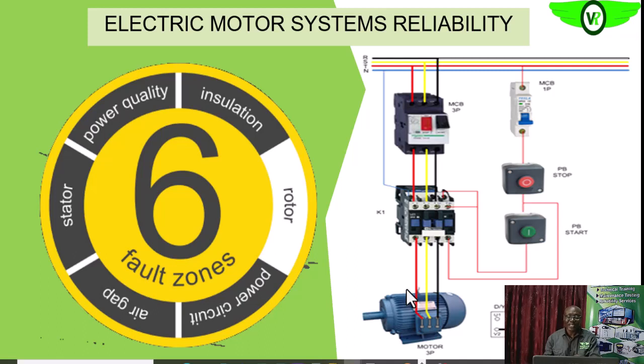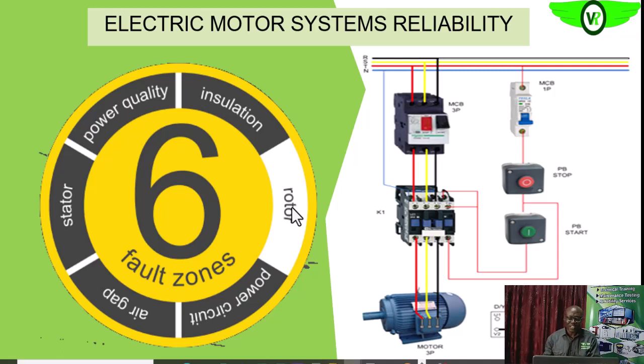So we are going to also look at the rotor fault zone. Remember those components that we outlined earlier, how they can affect the electric motor system operations. So we are also going to look at that and what we need to look at when we are testing this fault zone.